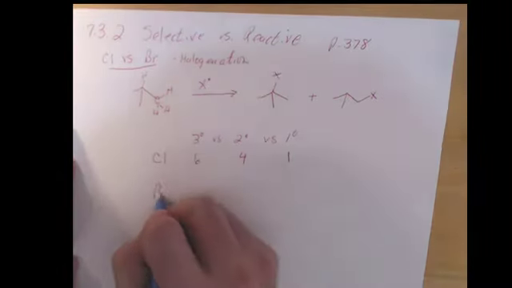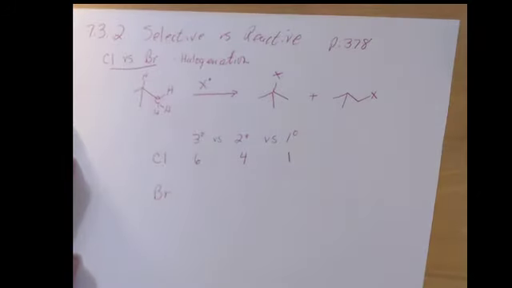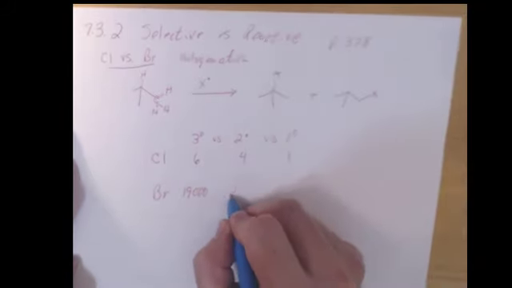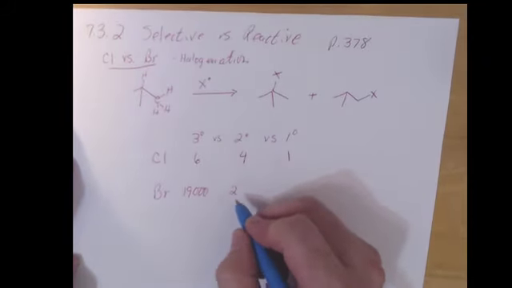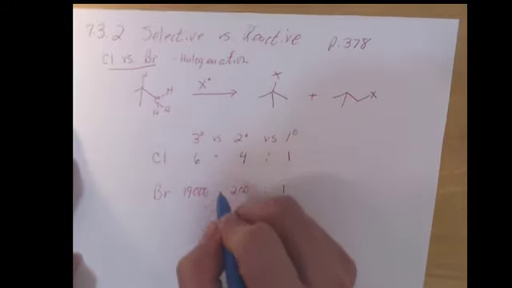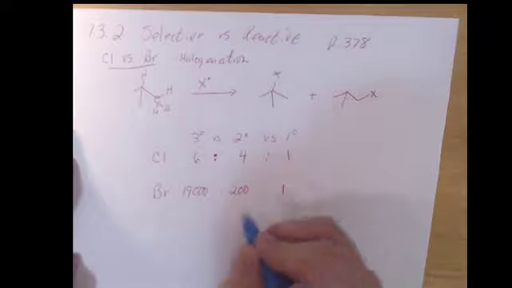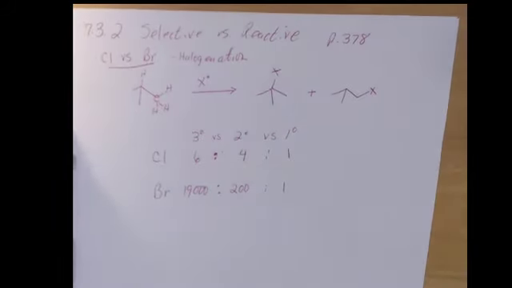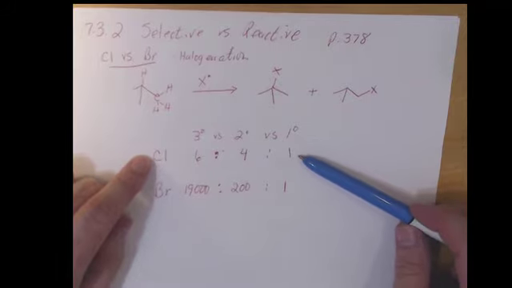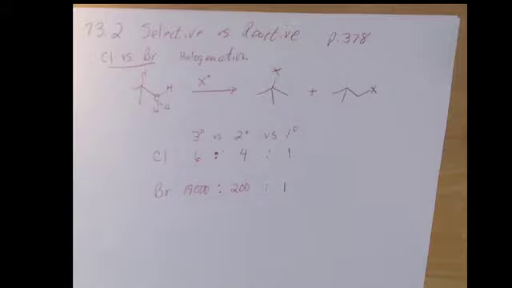But for bromine, we see a ratio of 19,000 to 200 to 1. And of course, we have said before, the bromine is selective. We can very selectively form the tertiary bromine systems, but chlorine is reactive, and we often get terrible mixtures of products. Now, how do we understand and explain this?